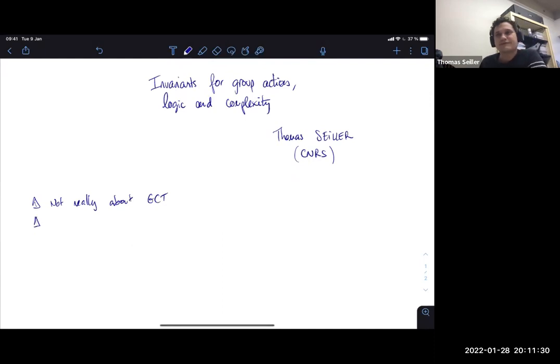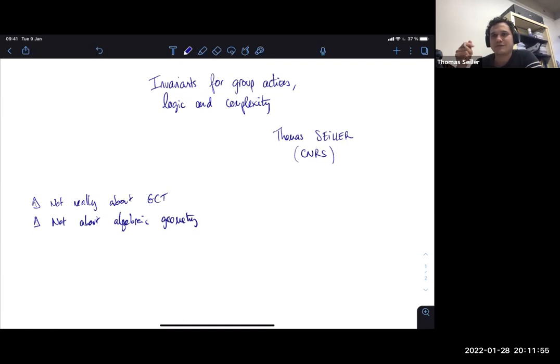The second warning is that I will not be using the mathematics we've been learning through the lectures. So not about algebraic geometry. And in fact, it uses a lot of material that maybe you don't know.